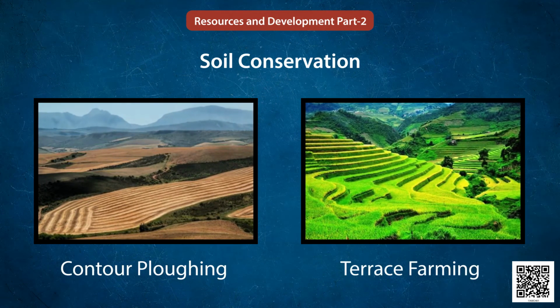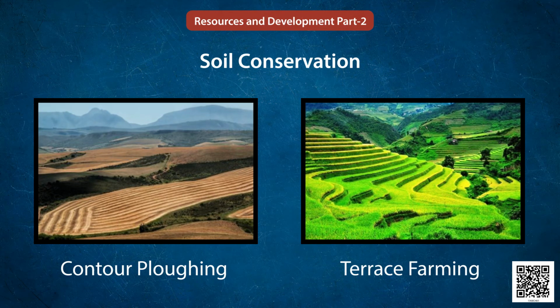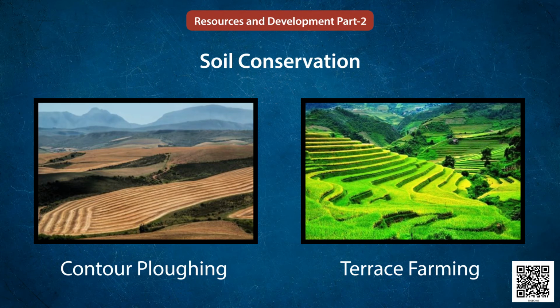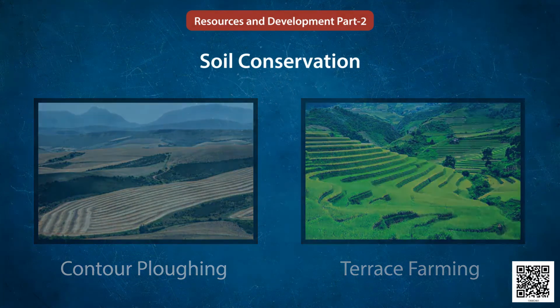Steps can be cut out on the slopes, making terraces. Terrace cultivation restricts soil erosion. You must have seen in the hilly areas that terraces made by farmers on hill slopes. Western and central Himalayas have well-developed terrace farming.